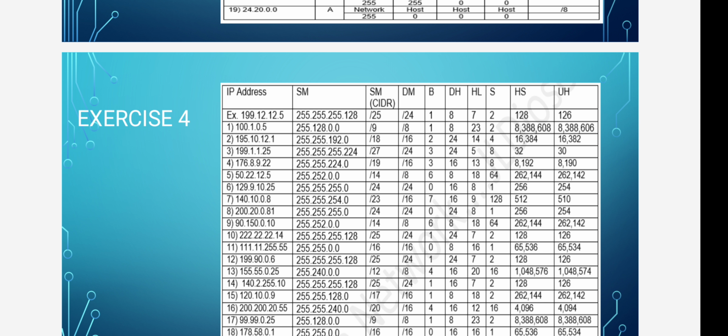In number 1, we have a subnet mask of 255.128. 255 is already 8 bits because it's class A, and it has 128 on its subnet mask. 128 is 1 bit, so add 1 bit onto the subnet mask.